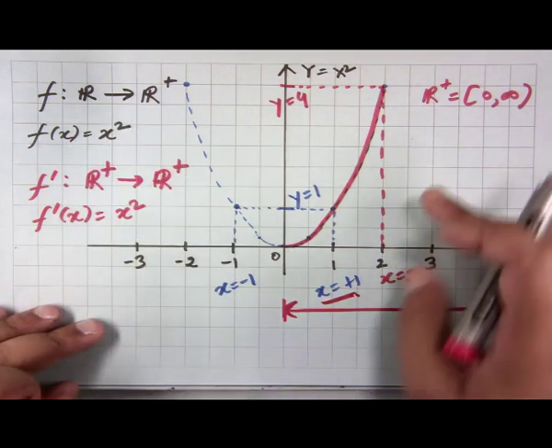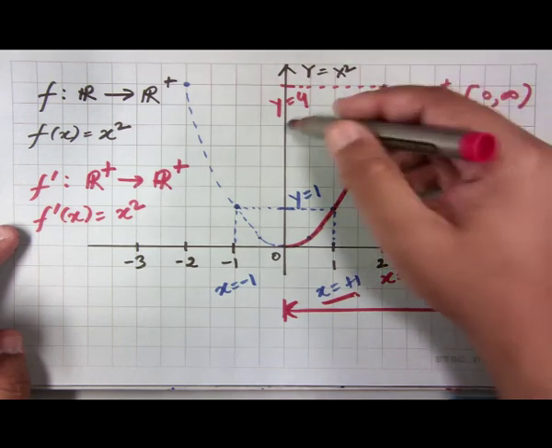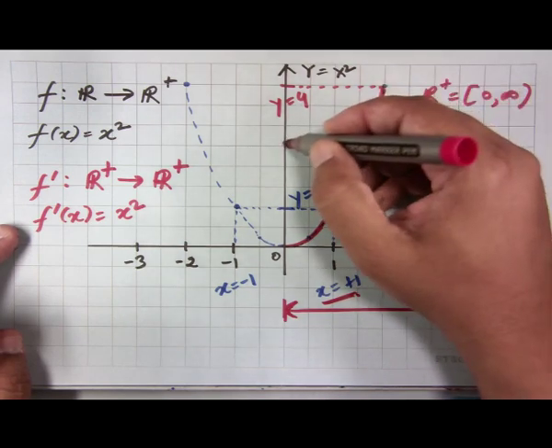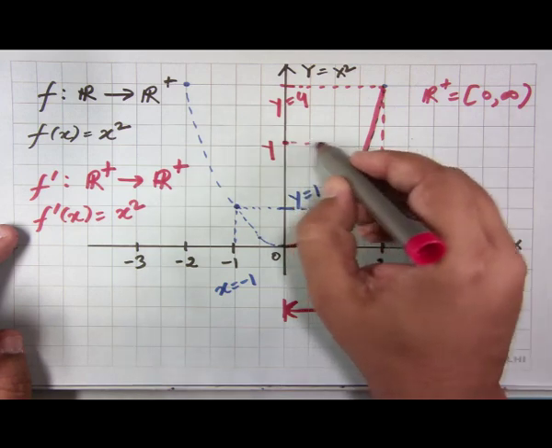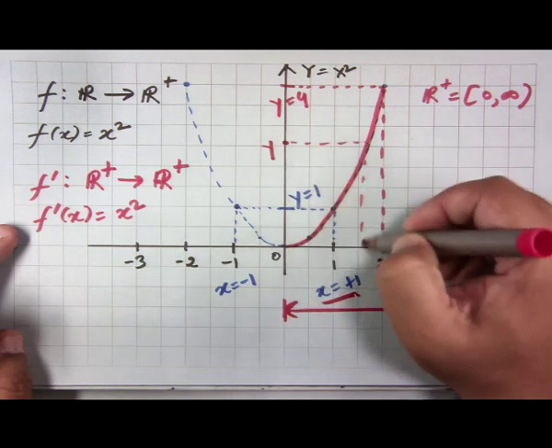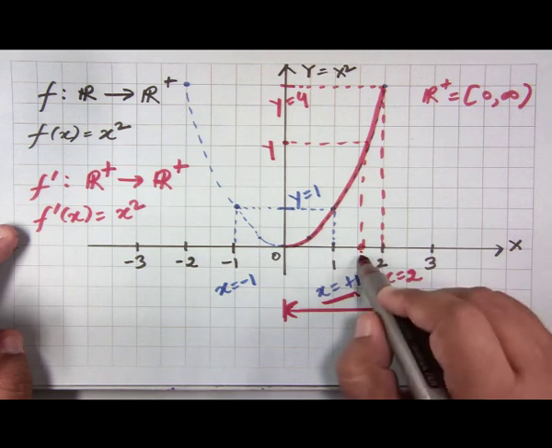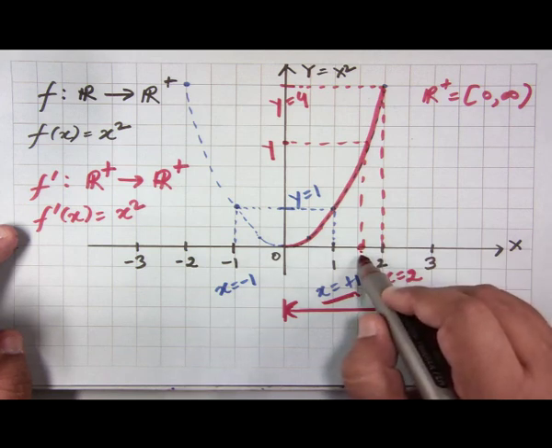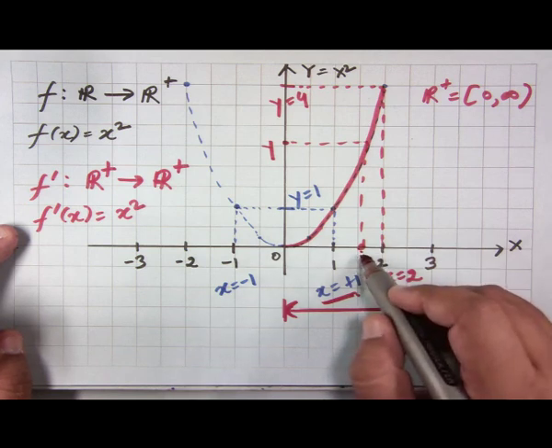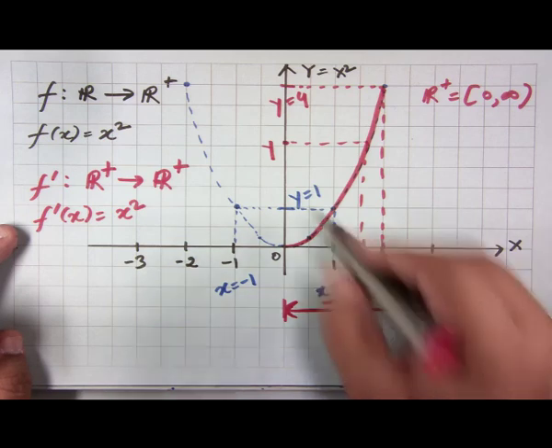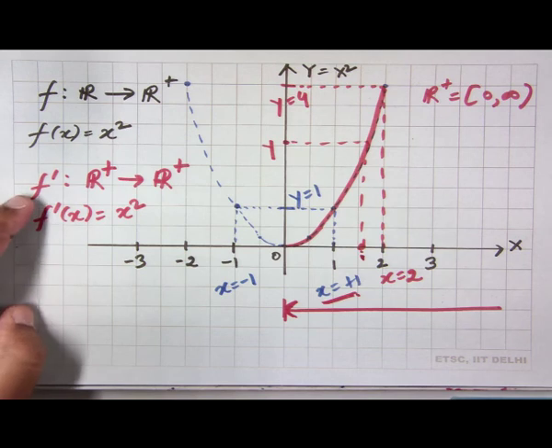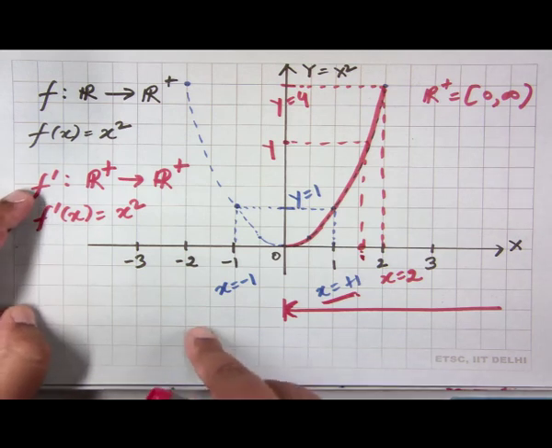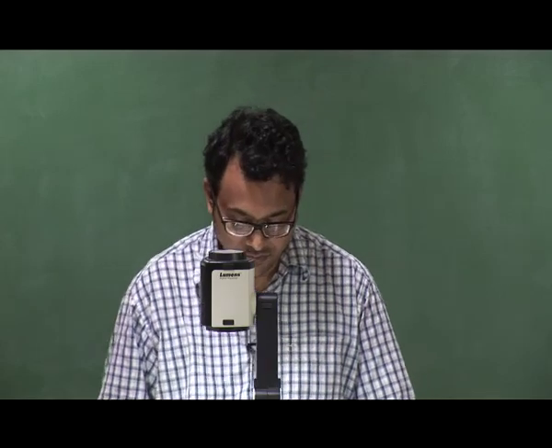And therefore, now there is uniqueness, because we can take any other y, we can take this y for example, let us say this is some value of y. So, even for this y, this is the unique x such that f prime of x, which is x square, is equal to this y. And therefore, for this restricted function f prime, it is now possible to define the inverse meaningfully.